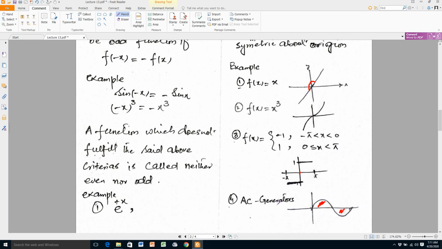So AC current has a pulse: positive, then negative, then positive, then negative. In this way it shows odd function behavior. When a graph exhibits such properties, we relate it with odd function behavior.